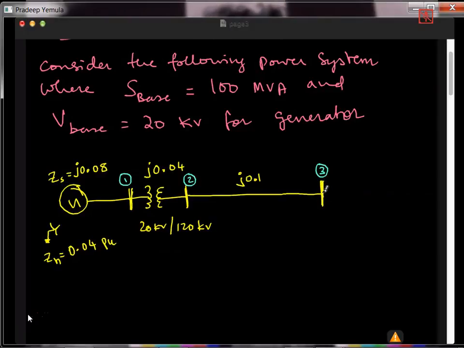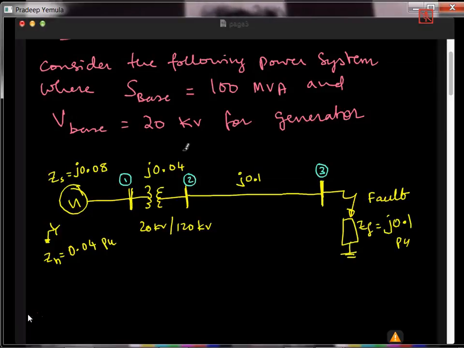And this is the fault. The fault impedance Z fault is j0.1 per unit. Now, what type of fault I have not yet specified.